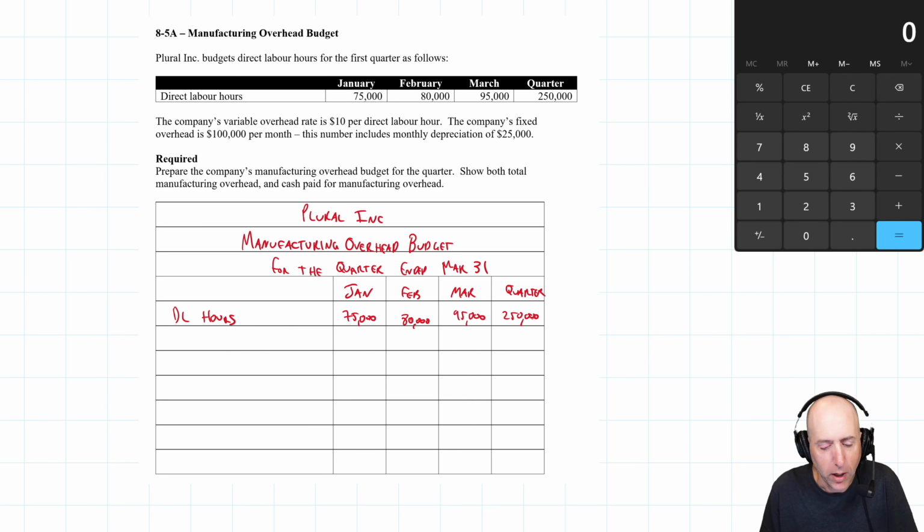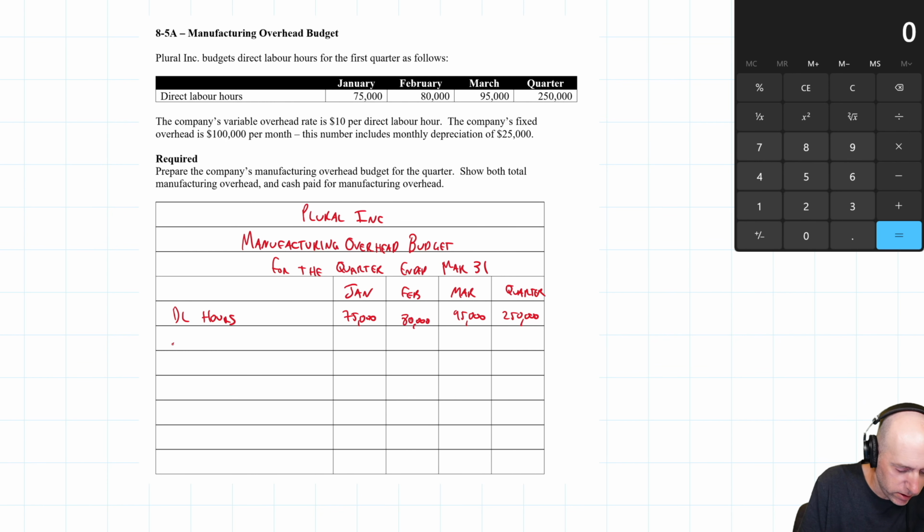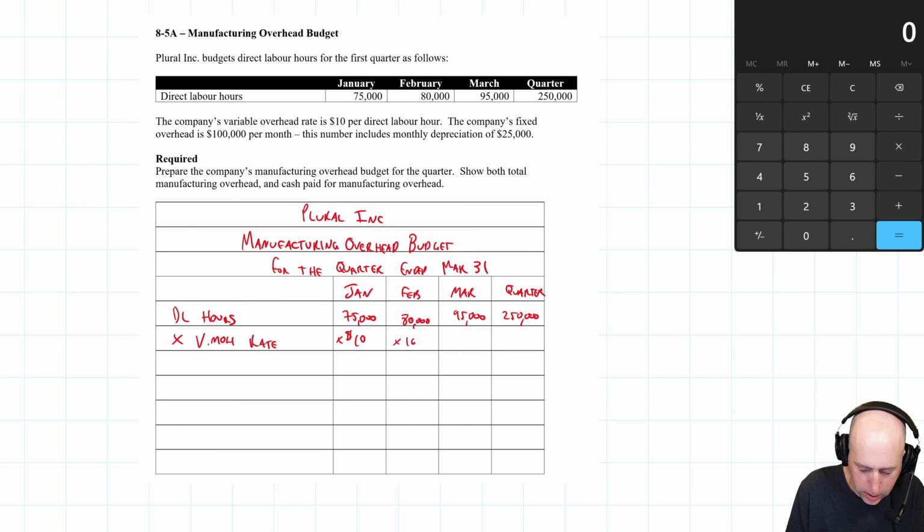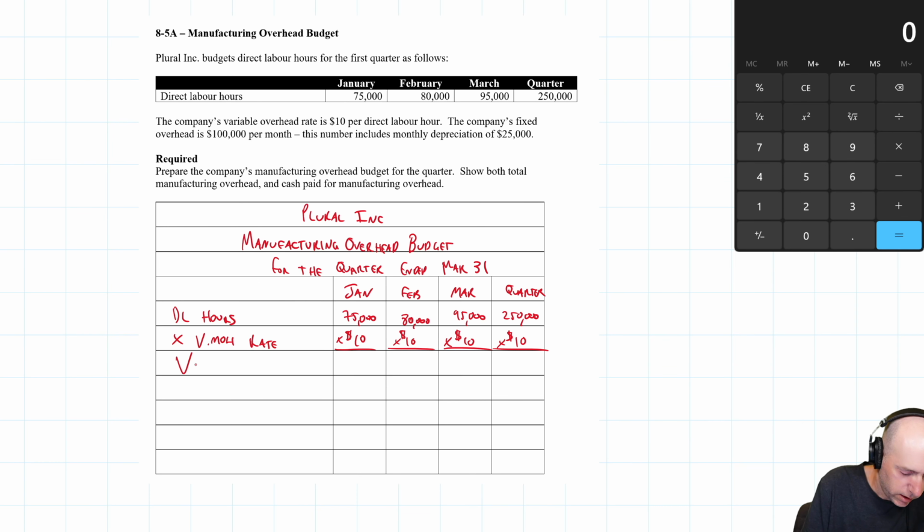All right, I want to figure out my variable overhead cost, and it's $10 an hour, so I'm just going to multiply by the variable overhead rate here, which is, again, $10. And that's going to give me my variable overhead.